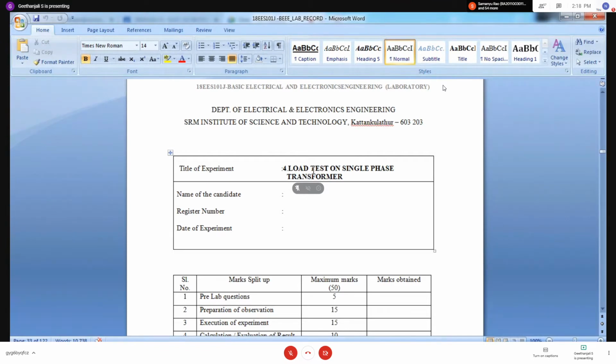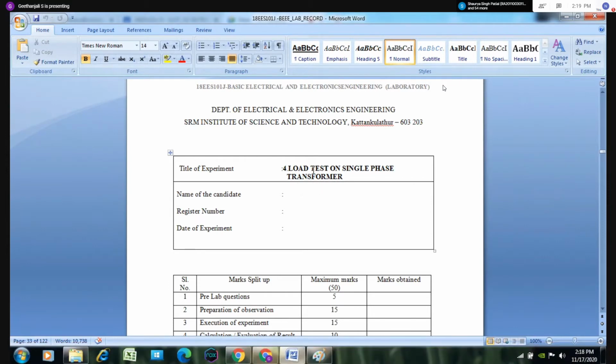By the time, what changes happen with the transformer, how the efficiency varies while we load from light load to heavy load, that only we are going to discuss here.